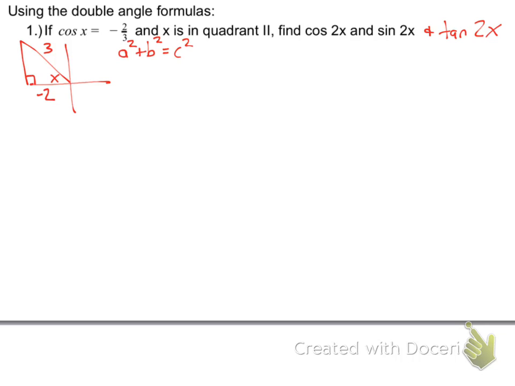So a is negative 2, so negative 2 squared plus, we'll call it b because I don't know what it is for that second side, would equal 3 squared. What's negative 2 squared? 4. So 4 plus b squared is equal to 9. b squared equals 5. Have to take the square root, so b is the square root of 5. Did everybody follow how I found the third side of the triangle?